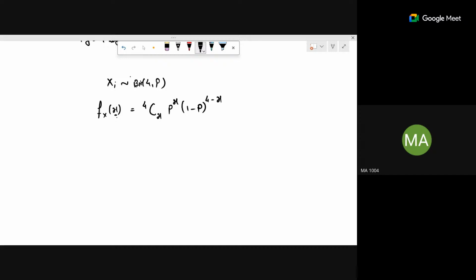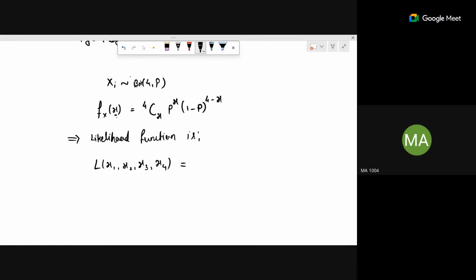So what will be the likelihood function? L of x1, x2, x3, x4, right? Generally, we write this with p also, either at the initial or at the end, or it's understood.